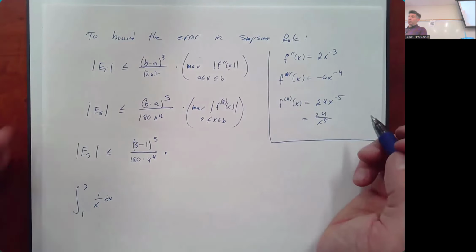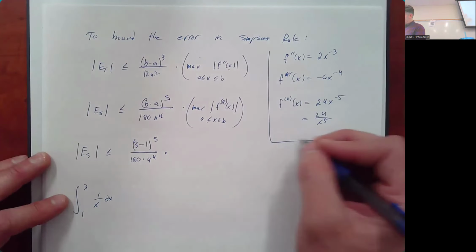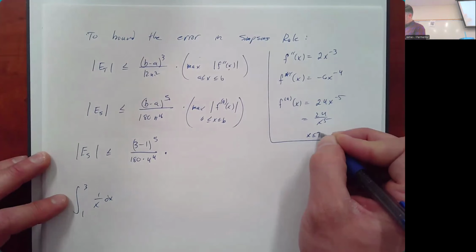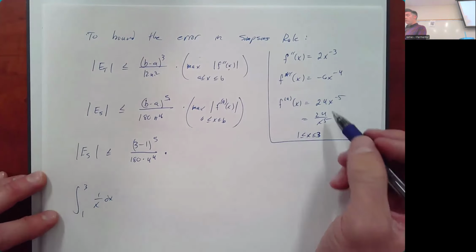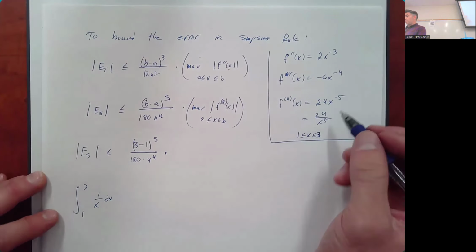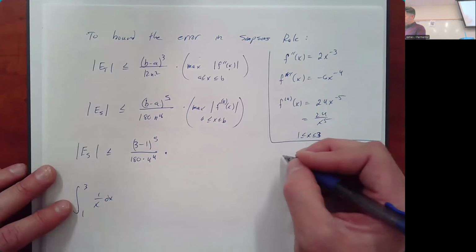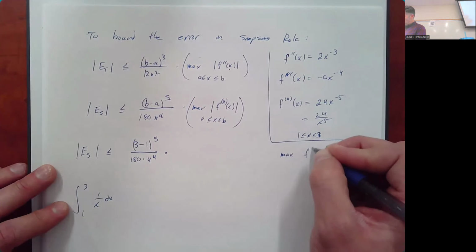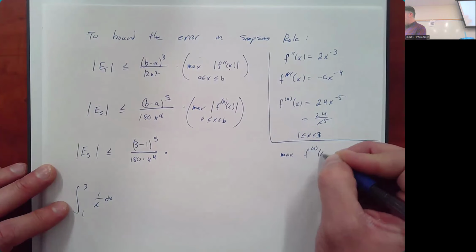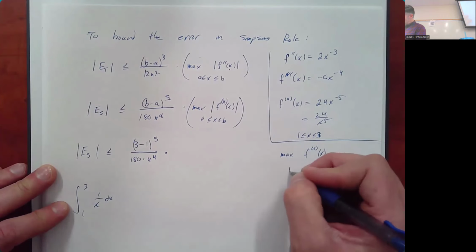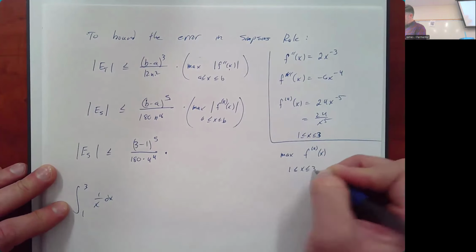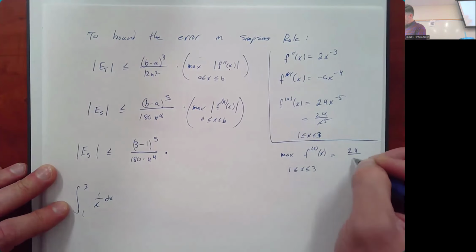And fortunately, just like last time, if x is between 1 and 3, this quantity is going to be maximized when x is equal to 1. So the maximum value of the fourth derivative of f when x is between 1 and 3 is going to equal 24 over 1 to the fifth, which is just 24.